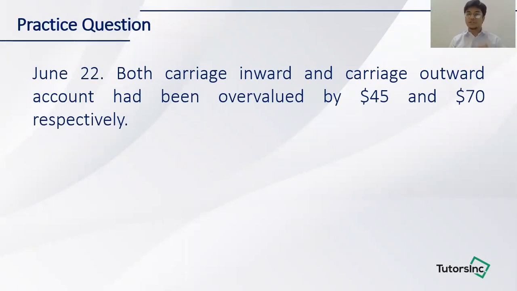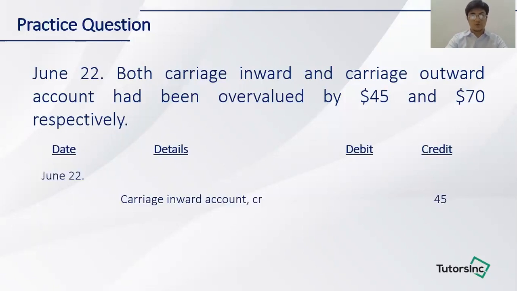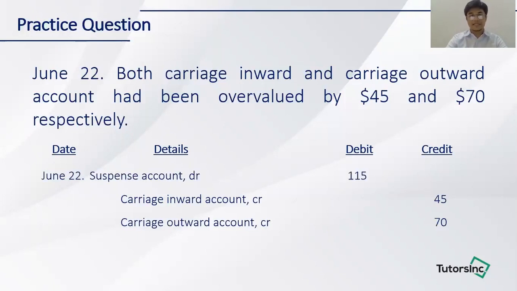So in order to reduce the value of these two accounts, which are debit accounts, we need to do the complete opposite, which is the credit. So both of these accounts are going to be credited. So we are going to credit carriage inward account by $45 and also carriage outward account by $70. Against this, the debit entry is going to be the total of both amounts and suspense account on the debit side.